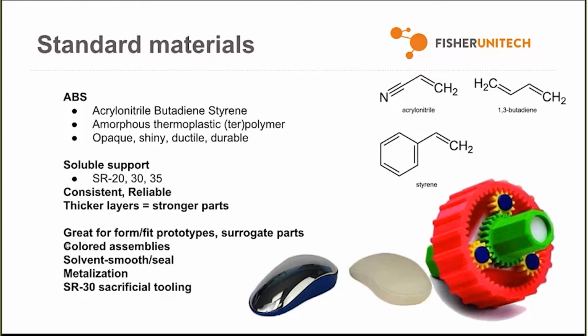Now, unlike PLA, since we just discussed it, ABS prints with a separate support material. You're all familiar with SR30, maybe SR20 if you have an older Dimension machine, but you should be aware of SR35. That's also called QSR on the F123 series.